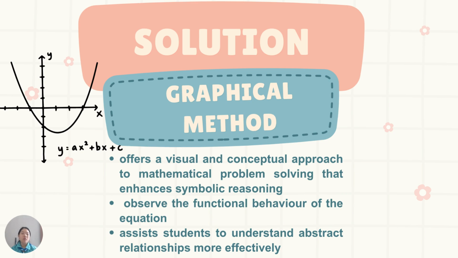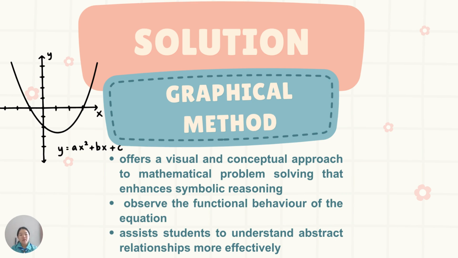Through this symbolic reasoning and the graphical method, students could observe the functional behavior of the equation. In this graph, we could see how small changes of x will bring changes to its corresponding y.